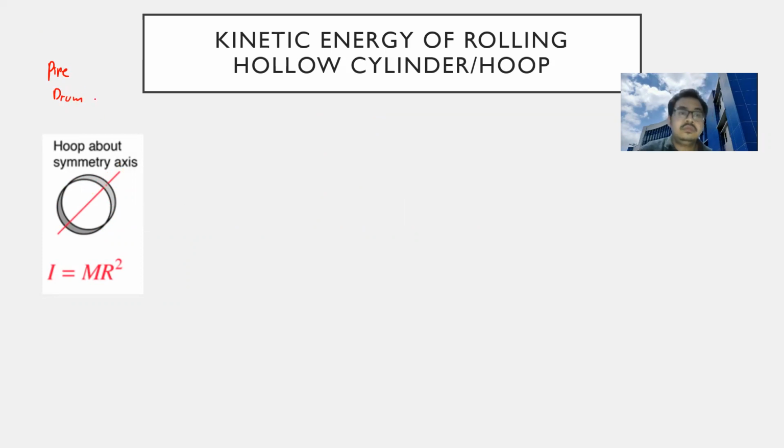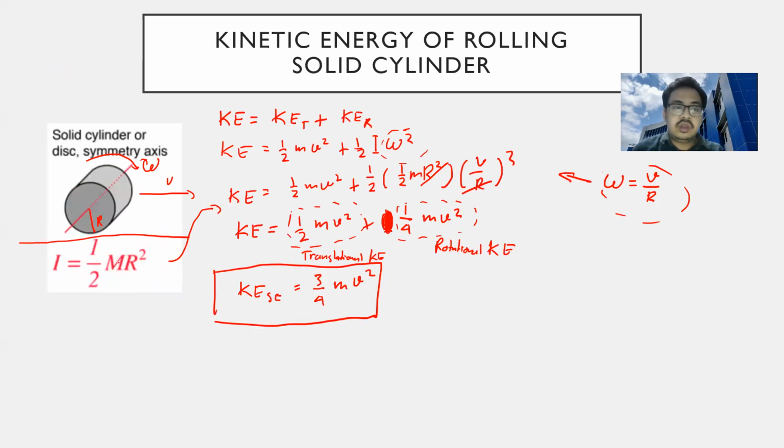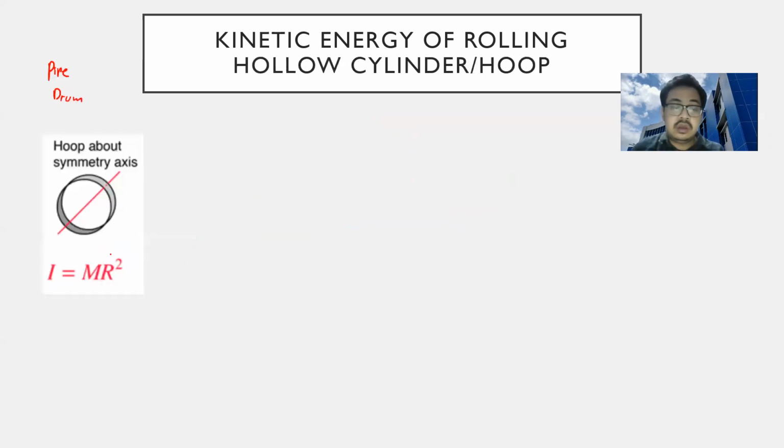But basically, these two are examples of a hollow cylinder. So the moment of inertia is I equals m r squared. Look, it's different from the solid cylinder. It's 2 times the moment of inertia of the solid cylinder, if it has the same mass and the same radius.